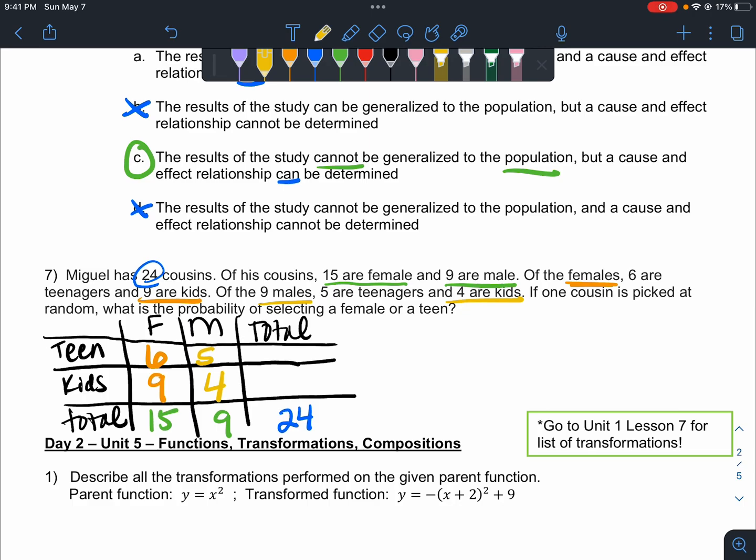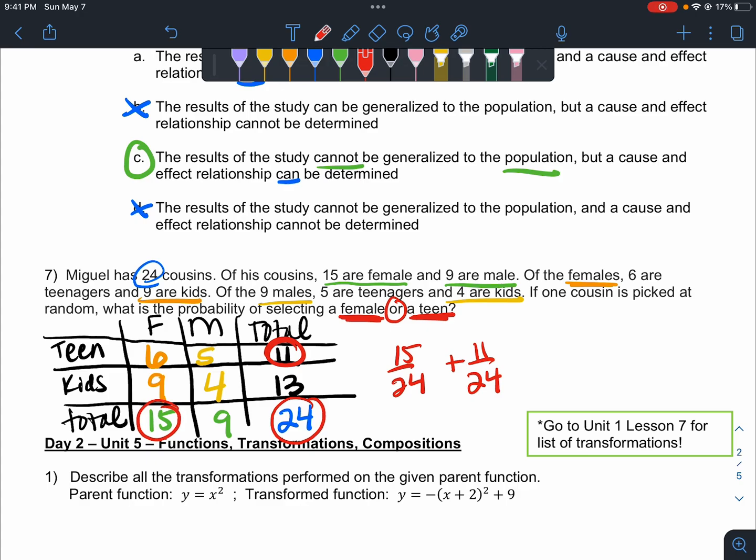So let's get our totals here. We have 11 and we have 13. So we want to know, if I select one cousin at random, what is the probability of selecting a female? So total female we have is 15 out of 24. Or a teenager. So or a teenager, we have 11 out of 24.